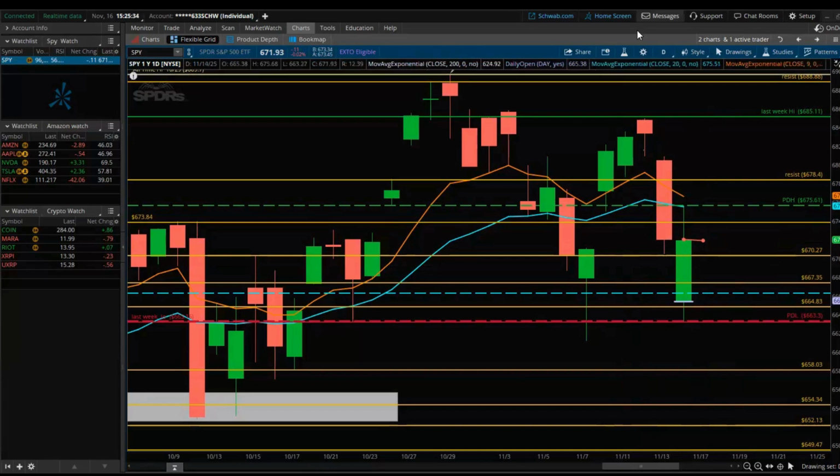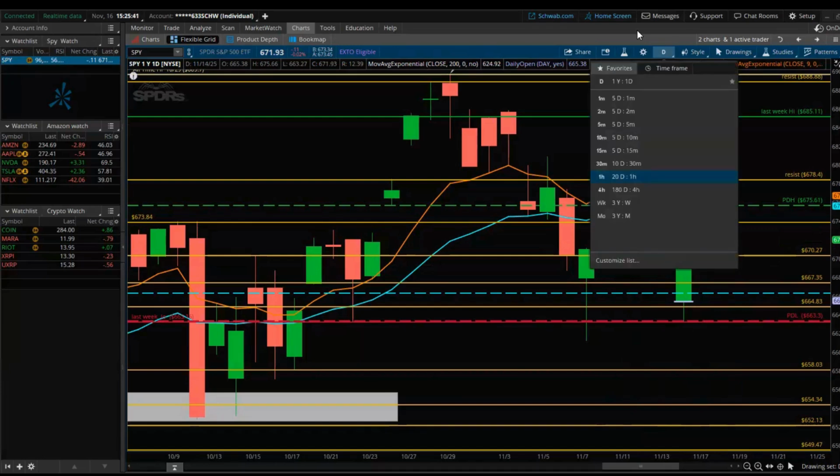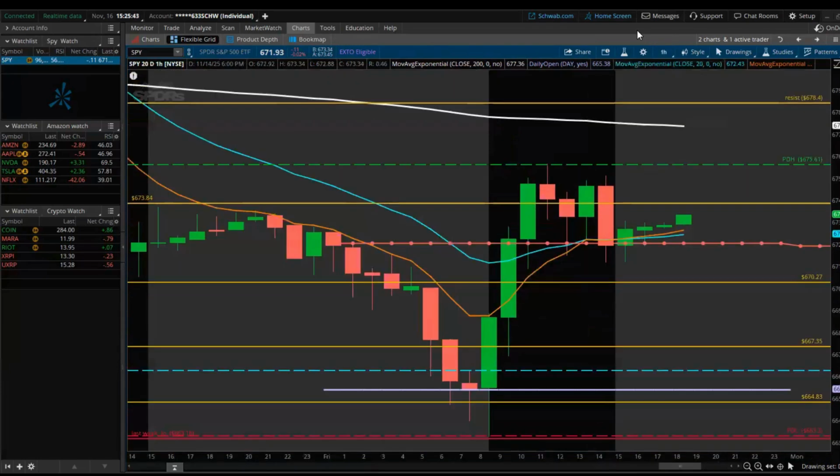After that, now we switch and go down one more time. And I go down to an hourly chart. And here we are with the hourly chart. This is the last hour of last week. So that's the last hour of Friday.